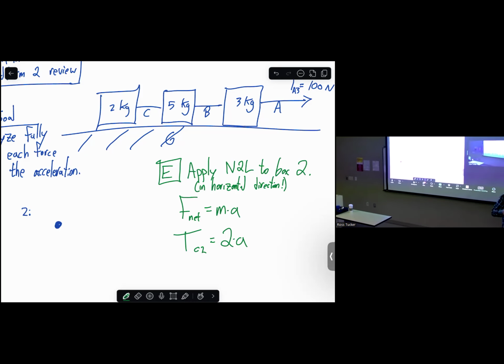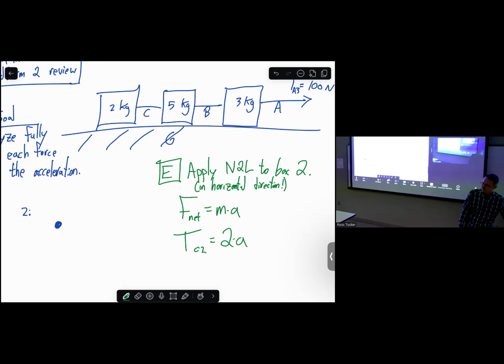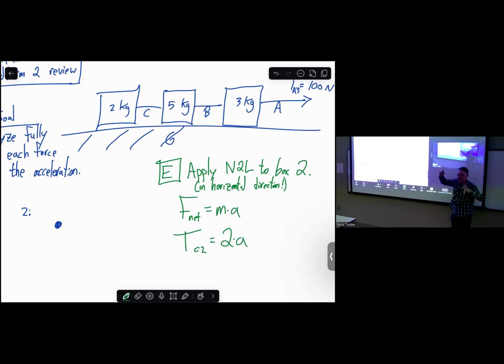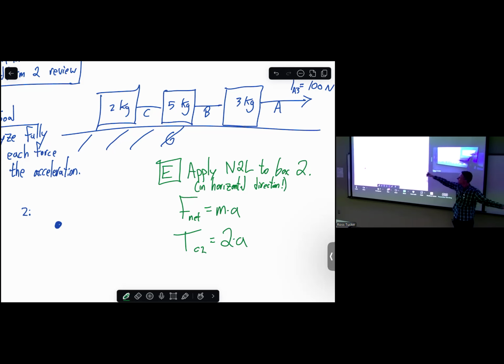And if F net instead of TC2, what's the difference? Understand what TC2 is, because I said to plug in what each symbol means. FNet is generic. FNet's a pronoun. Who is FNet in this problem? FNet can be anything. In this problem, the only horizontal force is TC2.